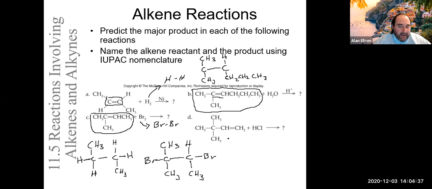Okay, we're adding water, which is H and OH. So what we want to know, though, is when we look at this carbon that was in our double bond, and I'm going to accentuate it up here. That is CH3, carbon, CH3, double bond, carbon, hydrogen, and my other long group there.